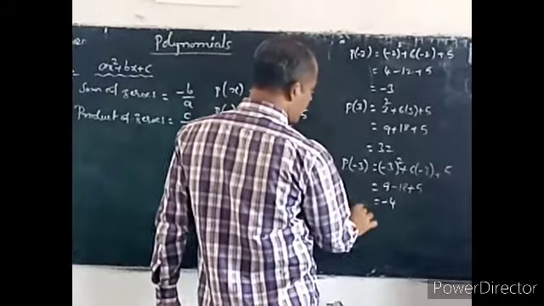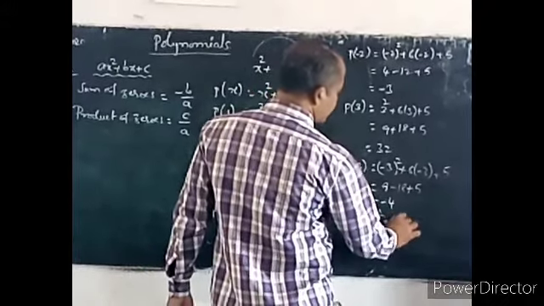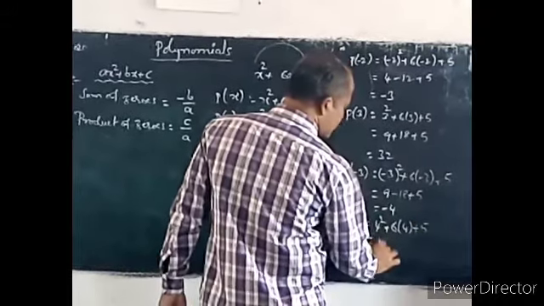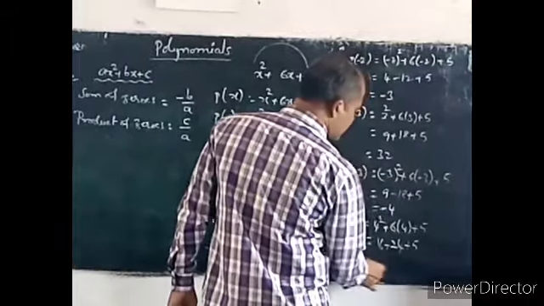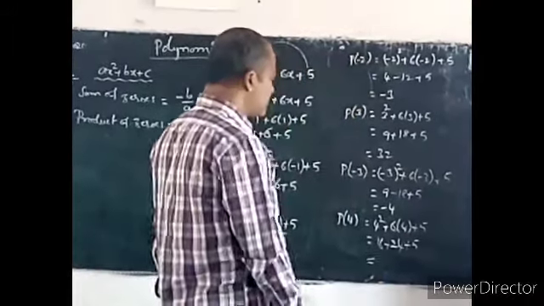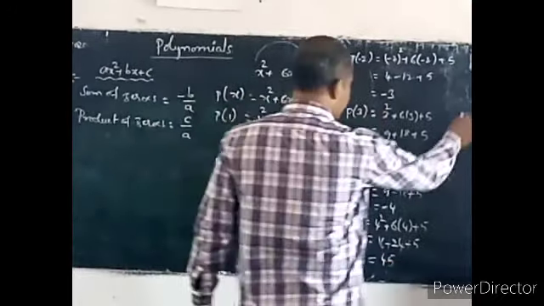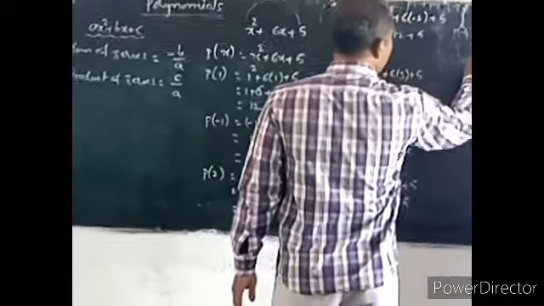P of 4. 4 square plus 6 into 4 plus 5. That is 16 plus 24 plus 5. 16 plus 24 is 40, 40 plus 5 is 45. Next, p of minus 4.